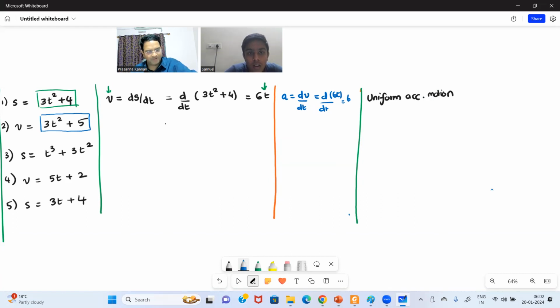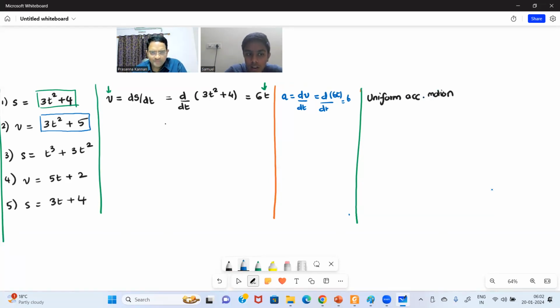V is equal to 3t square plus 5. So this time displacement is not given. What is given? Velocity is directly given to you, right? So by looking at velocity, can you tell me first whether it is uniform motion or non-uniform motion?